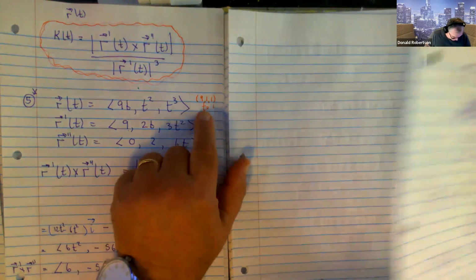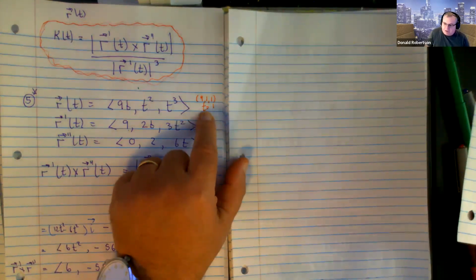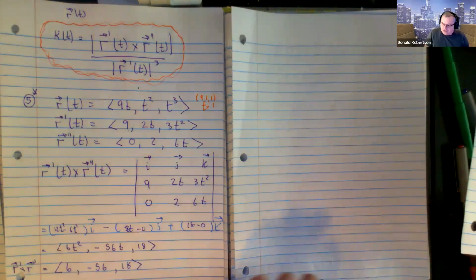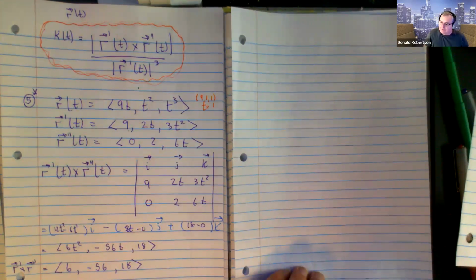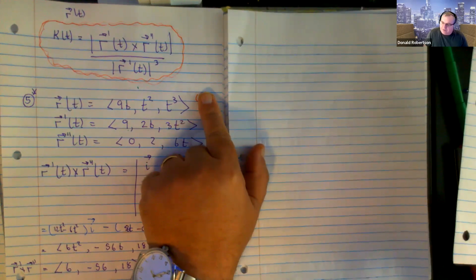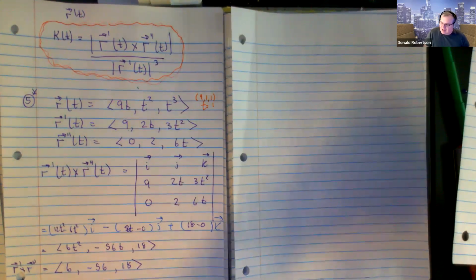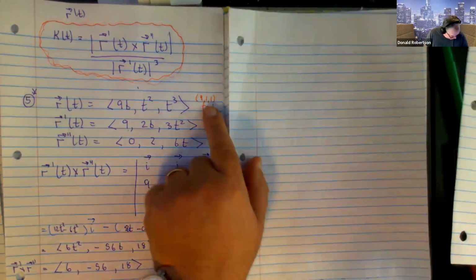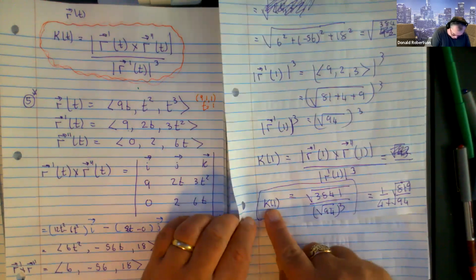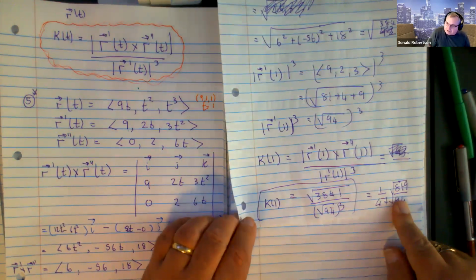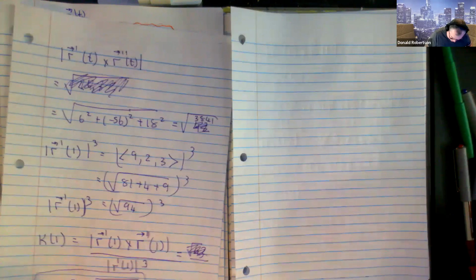So you may get a question where you plug in t equals 1. You may get a question where your answer is just got t's in it. If they don't give you a point, then you're just generalizing it to kappa of t. If they give you a t equals 1, then you're going to plug in a number and get a number as your answer.